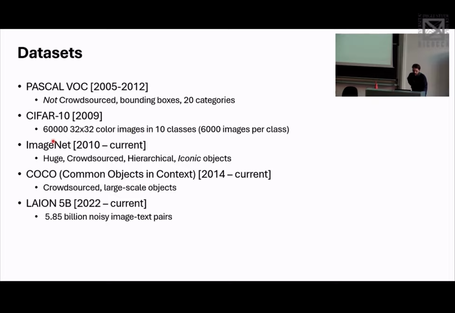It was 60,000 32 by 32 images in 10 classes, so you had 6,000 examples of each class. The ImageNet competition is made of iconic objects, typical of categories, that nowadays contains, I guess, 1,000 categories. And then we go all the way to the LAION database, which contains 6 billion noisy image-text pairs.